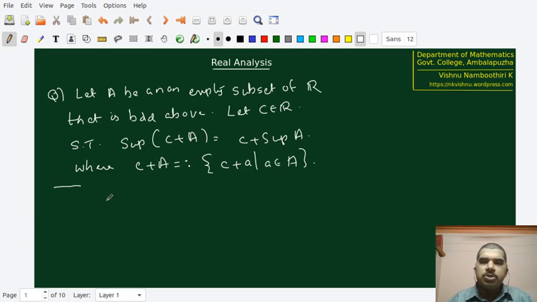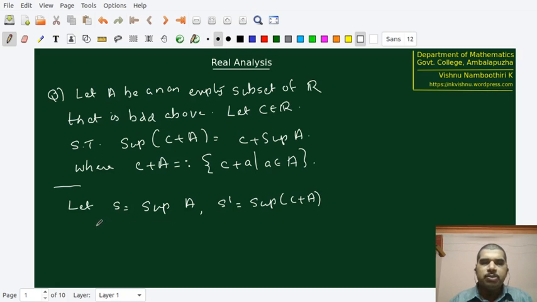So to show that, let us notate the supremum of A by the symbol S. Let S equal supremum of A, and S prime equal supremum of C plus A. So we have two notations.